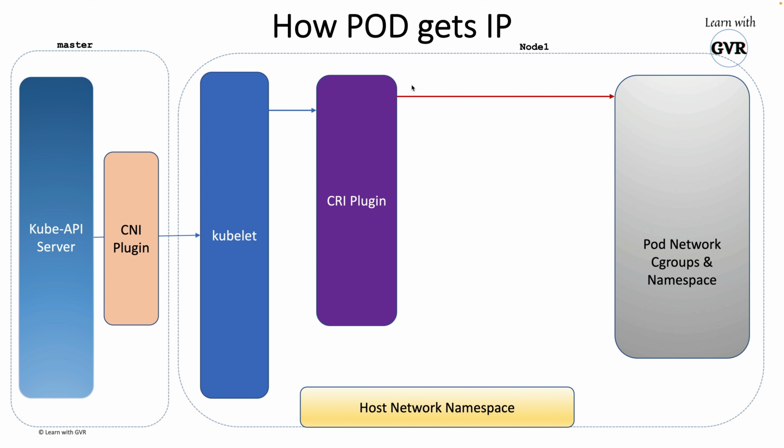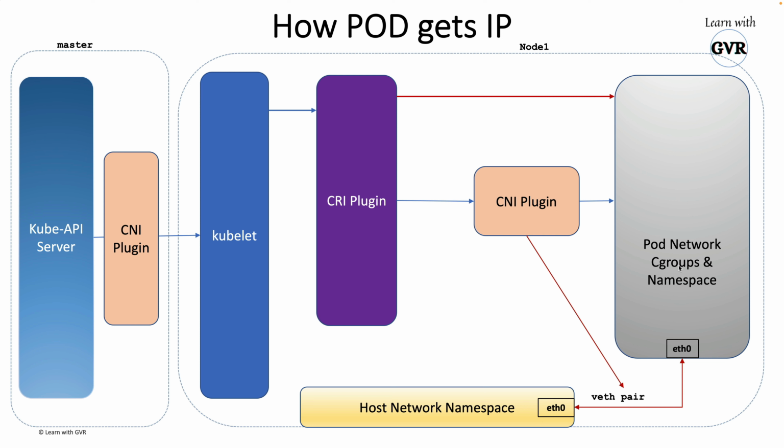This CRI plugin will use containerd, and it will immediately create a pod network, but only the network namespace, just cgroup and namespace. Next, the CRI plugin will trigger the CNI to establish a network between this pod network and the host network.